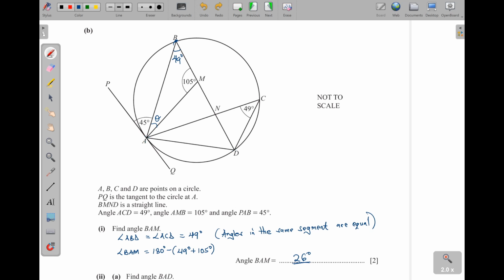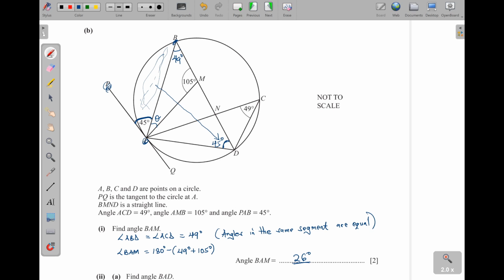Now, when you check this angle PAB, this 45 here, you look at the segment within which it lies, and then you go and look at the angle which is opposite in that triangle there. So this one here is also going to be 45 degrees.